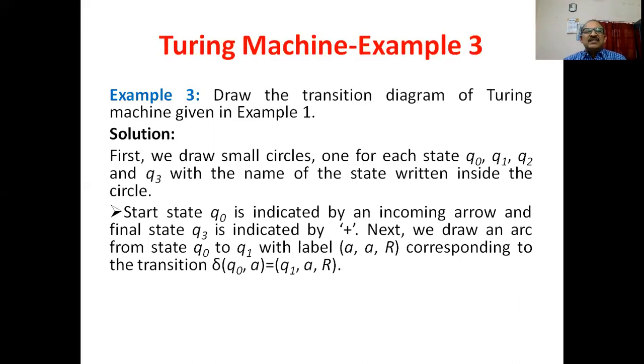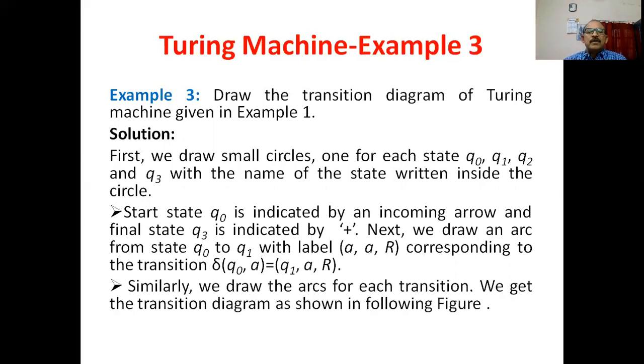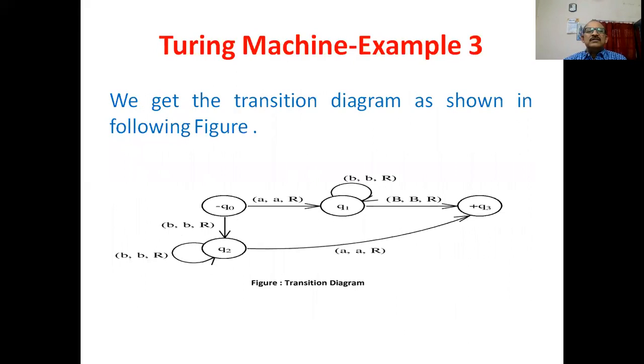We indicate the start state Q0 by an incoming arrow, and the final state Q3 by a plus sign, and we draw an arc from state Q0 to Q1 with label A, A, R corresponding to the transition function delta Q0, A equals Q1, A, R. We repeat this process for each transition function, and we get a transition diagram.